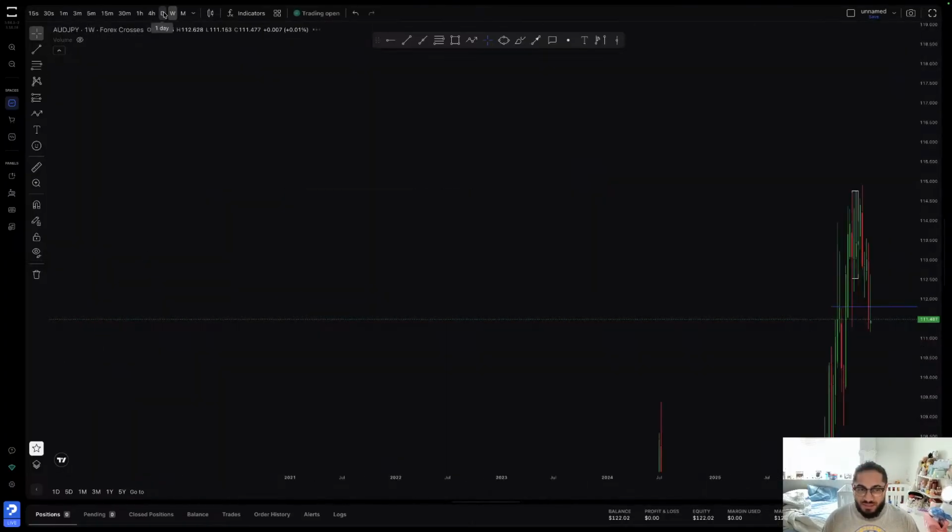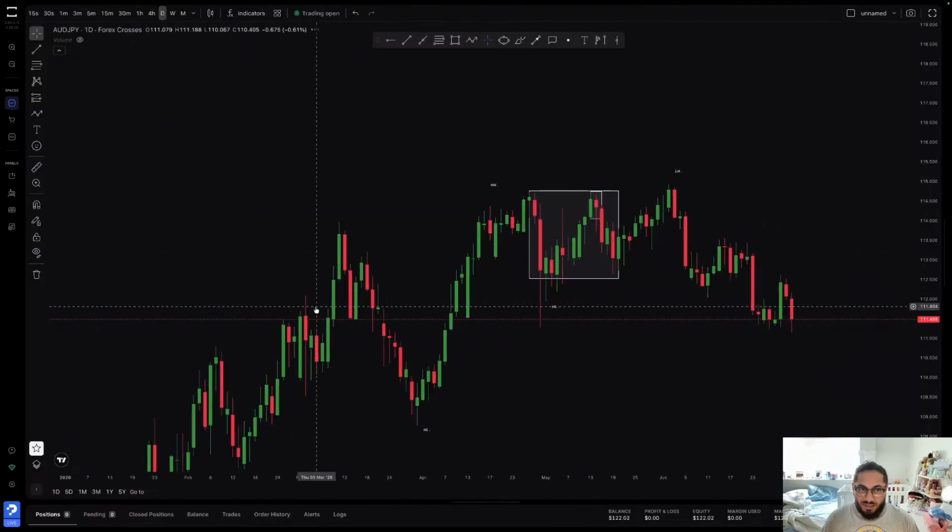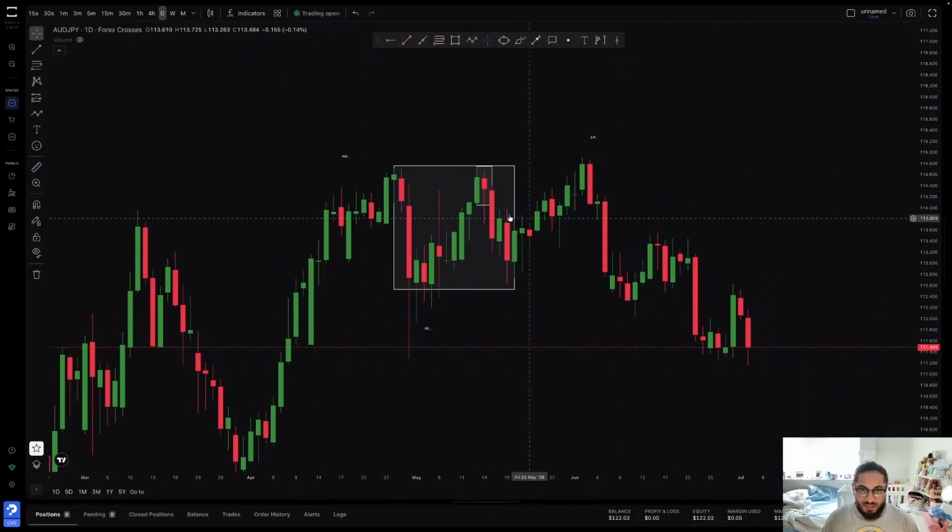So now, with that being said, that is kind of how we're going to be looking at it. And then as we come to this now, we understand the overall move, and we understand the current structure that's taking place at this time, right? So it would be weekly's candles, right?